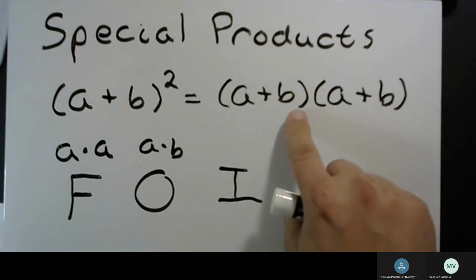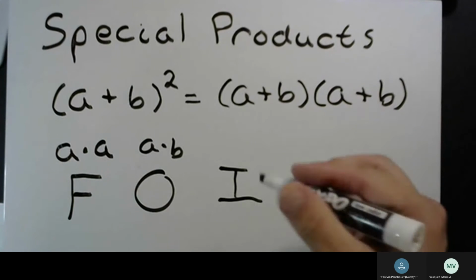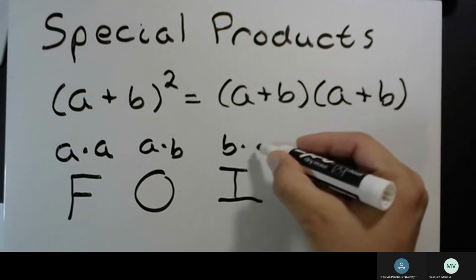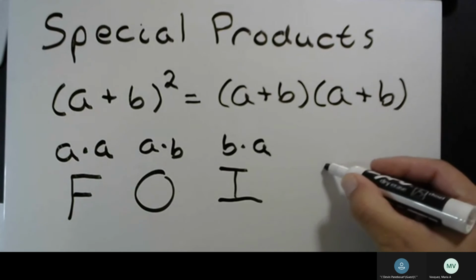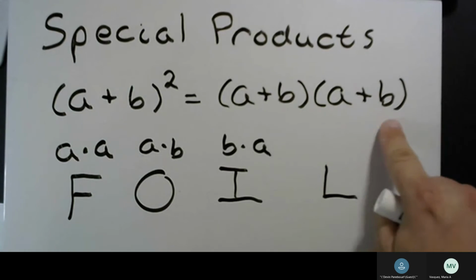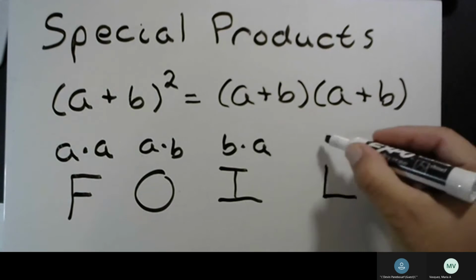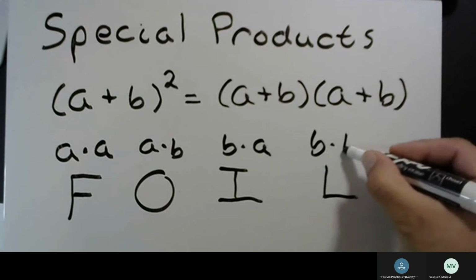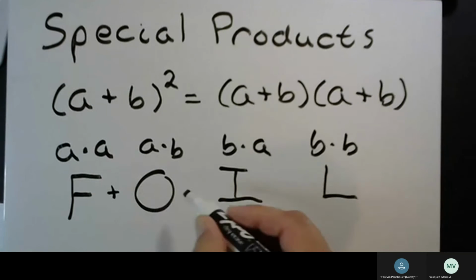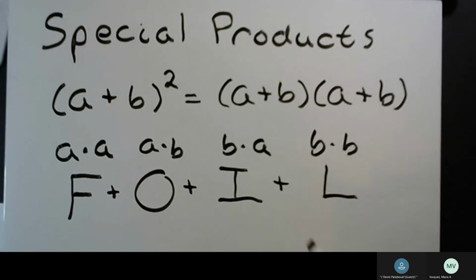The inner terms of the product, call that b times a. And then the last terms of each binomial, that's b times b. And that's how we do FOIL.